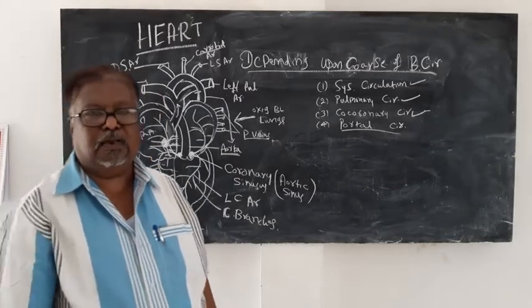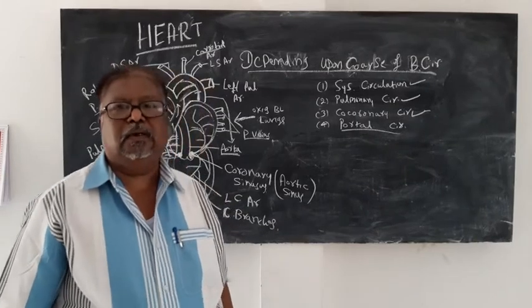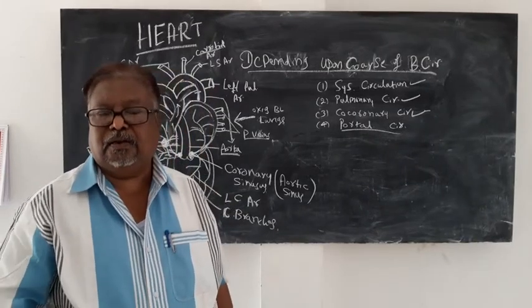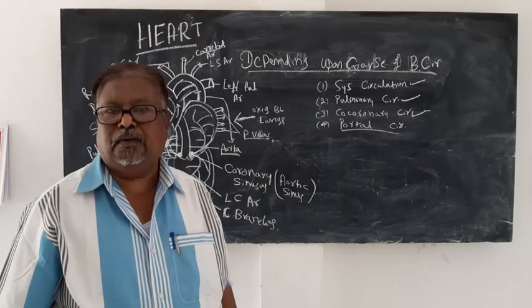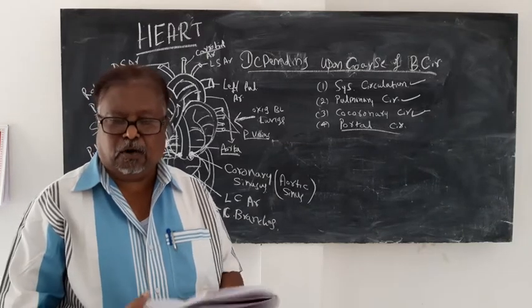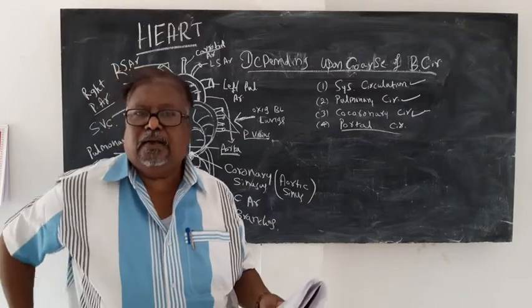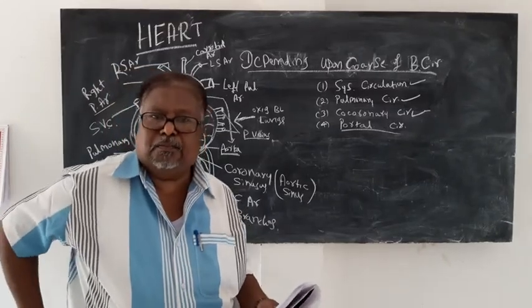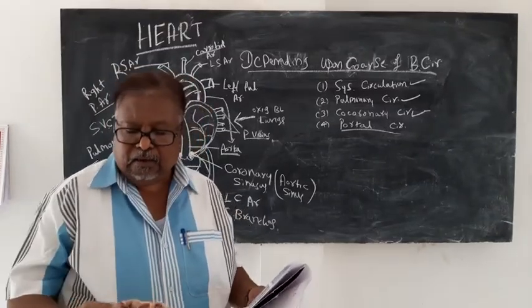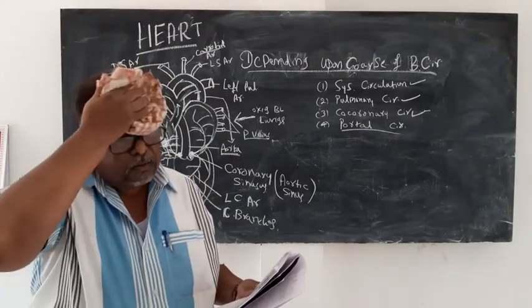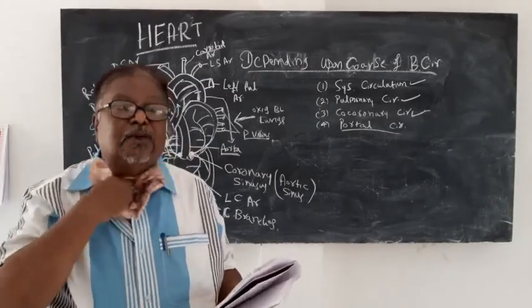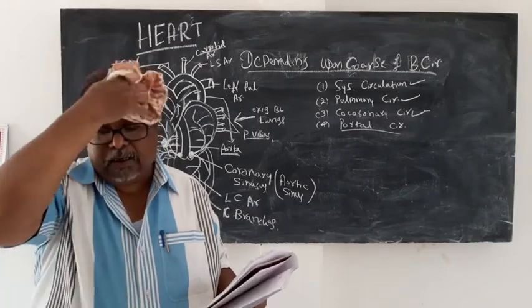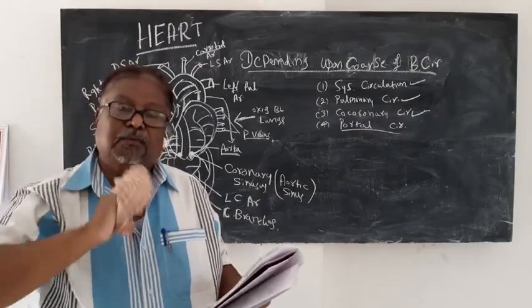But here in the portal system, what happens is the veins branch out into small venules into the different parts of the body, and then again receive the oxygenated or nutrient rich blood by venules again.